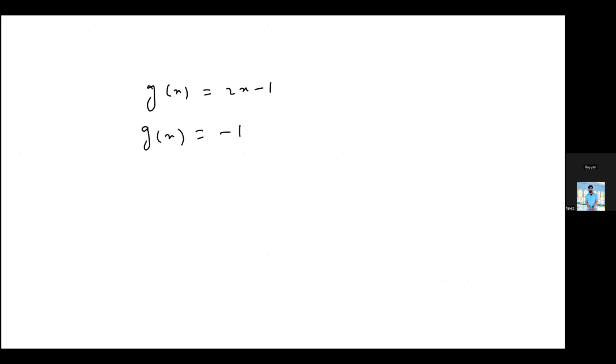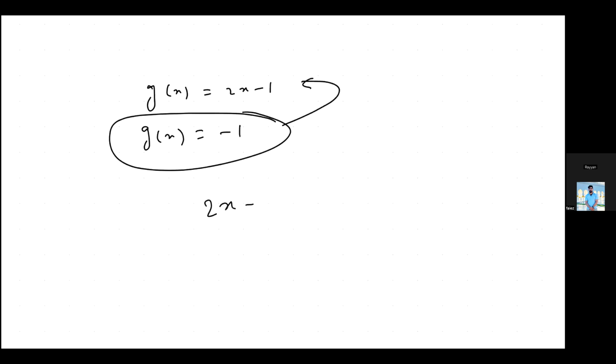Now what we need to do is substitute gx equals minus 1 into the given equation. So 2x minus 1, and gx is minus 1, so you write down equals to minus 1.